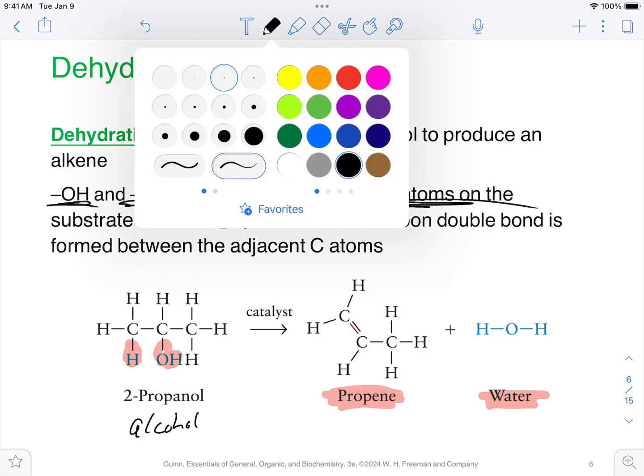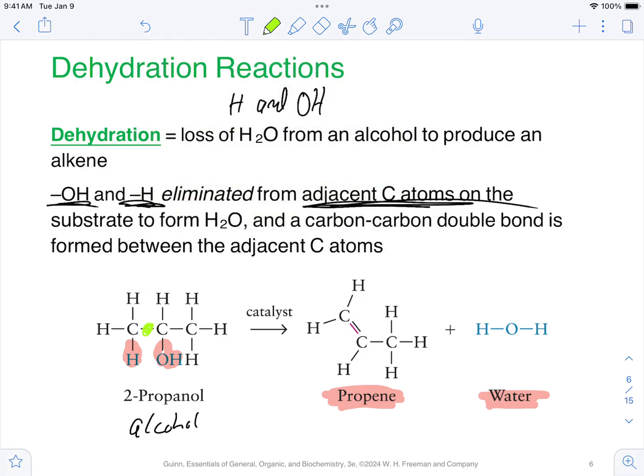So this right now is a single bond. Notice on the product side, it is now a double bond. And then don't forget your water molecule.